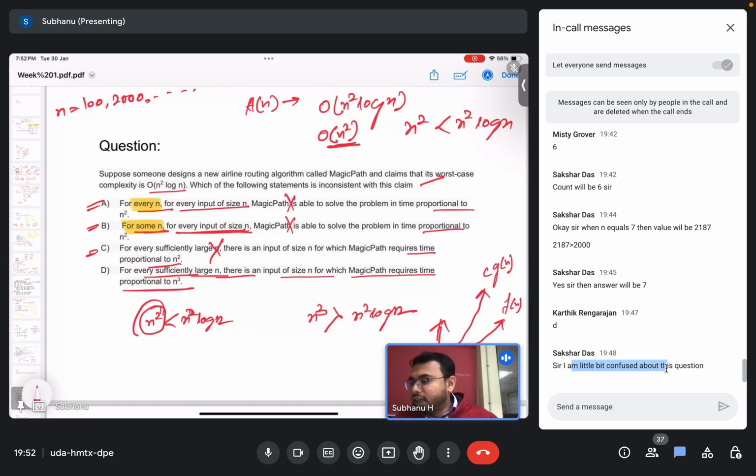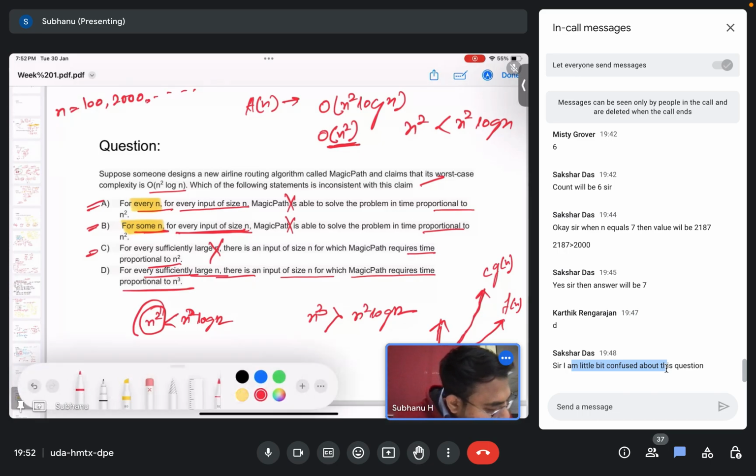So this is basically the big O. You have to find the upper bound, not the lower bound. This was n square log n, and this was n cube. So you can write it as n cube, but not n square log n. That's why option D is correct.